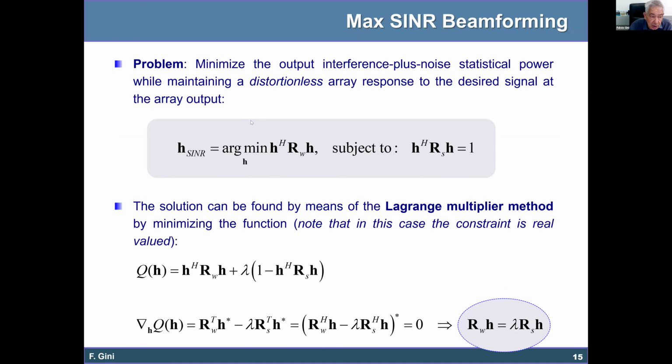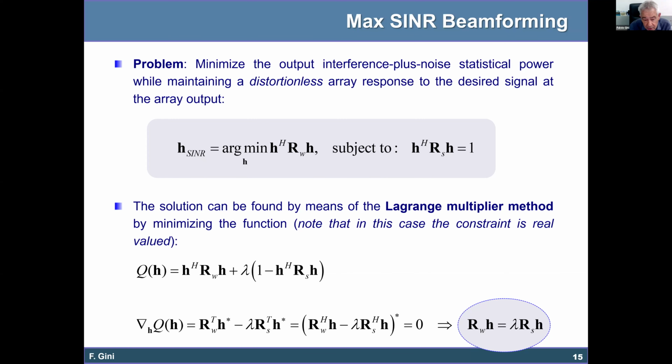So in other words, the problem can be restated in this way. We want to find the optimal beamformer from the point of view of the output signal to interference plus noise ratio by minimizing the power of the output of the interference subject to a distortionless constraint that in this case is expressed in this way.